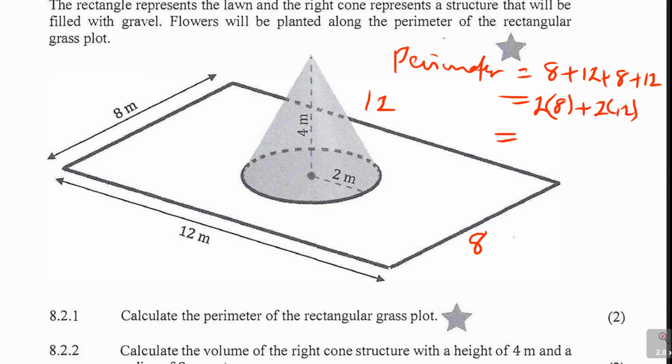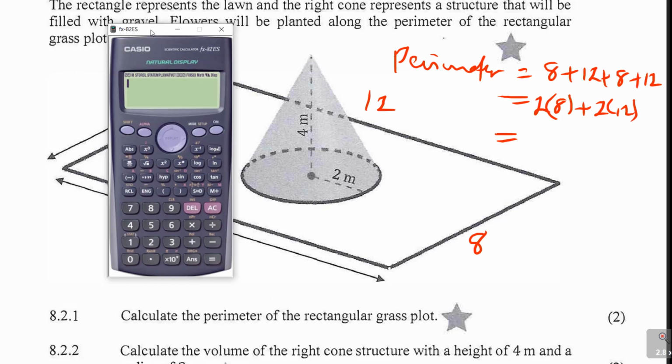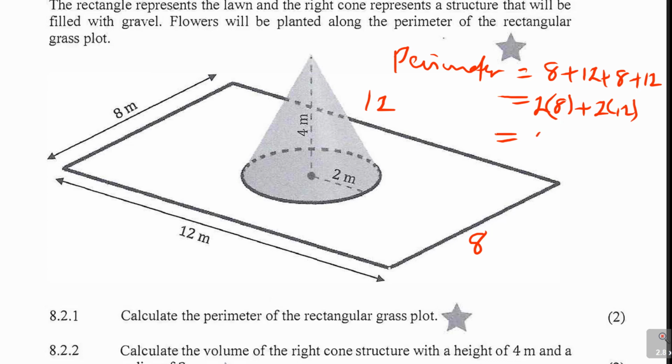Any way, it's just the distance right around the shape. That's what you need to know. If you check, 2 times 8 plus 2 times 12 is 40. So the perimeter there is 40 meters. 2 marks.